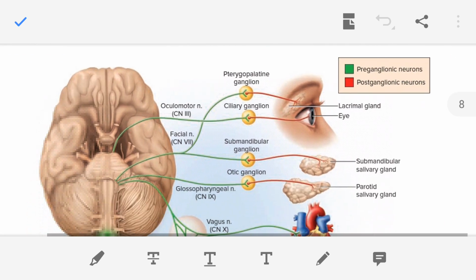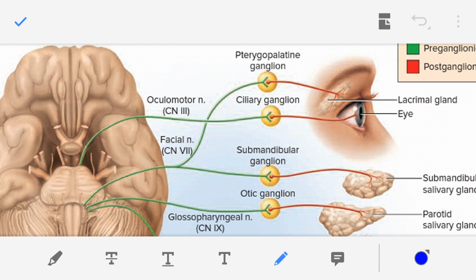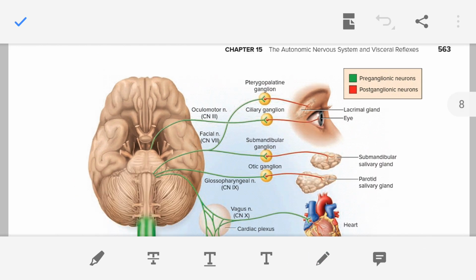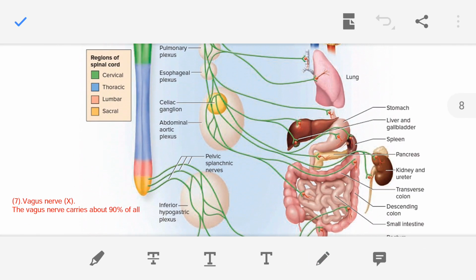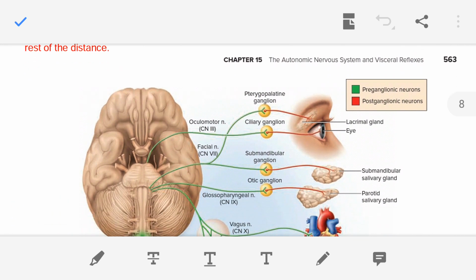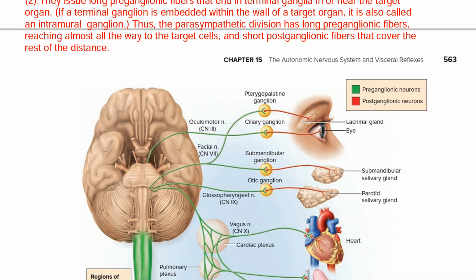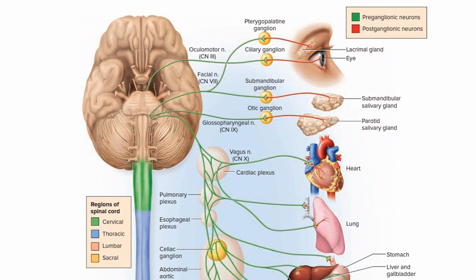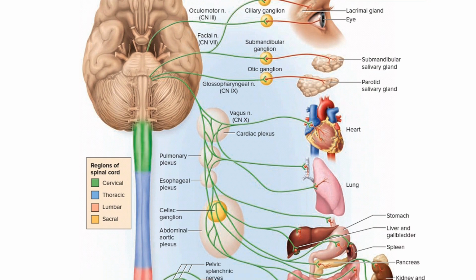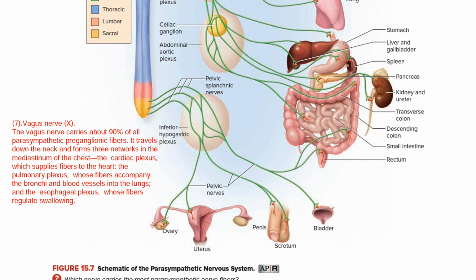So in the figure, as you can see, the preganglionic neurons are quite long, and the postganglionic neurons are very short. Okay, so once again I am showing you, this is the parasympathetic nervous system.